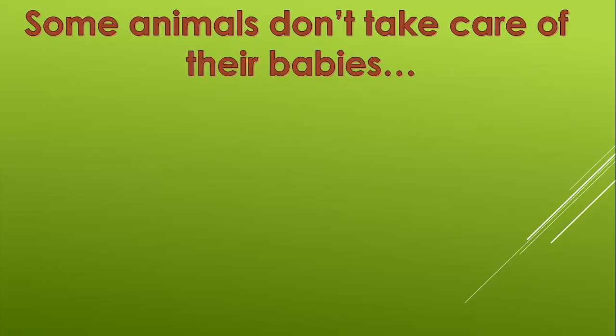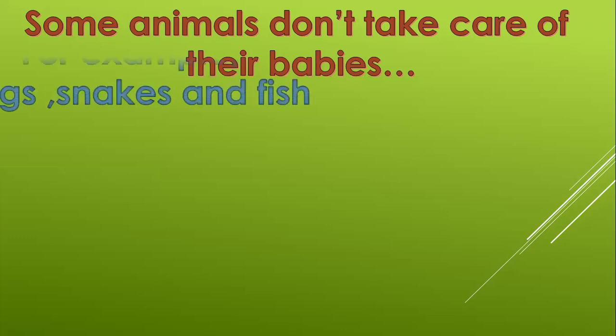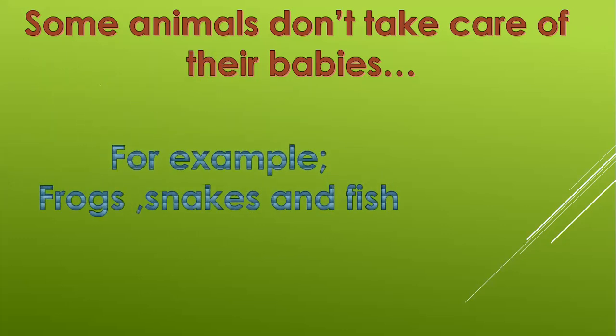Now look at the second example here, that some animals do not take care of their babies. Some examples of those animals are frogs, snakes, and fish. Look at frogs. When frogs lay their eggs, they lay eggs in the water and they just leave the babies there so that they get their food and whatever is needed by themselves.